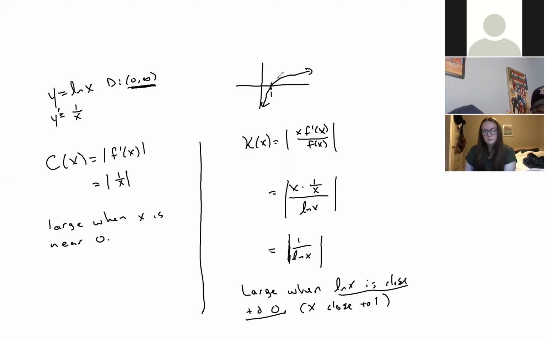Coming from the right, you'd be doing 1 divided by a positive number that's close to 0. But in the end, if we're taking the absolute values, then that's not going to make a difference. So I don't think we have to specify from the left or right here. We just need to say that if x is close to 1, then the condition number will be large.